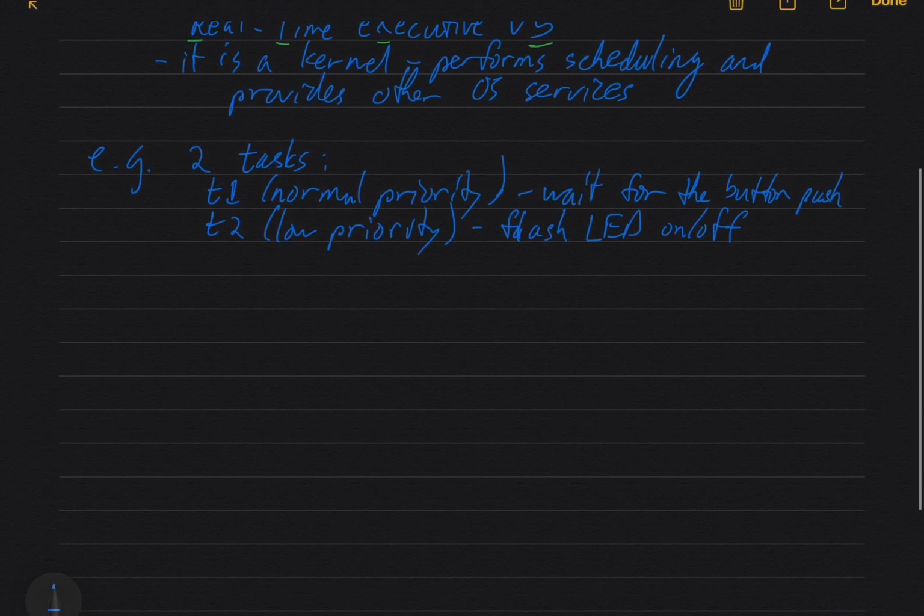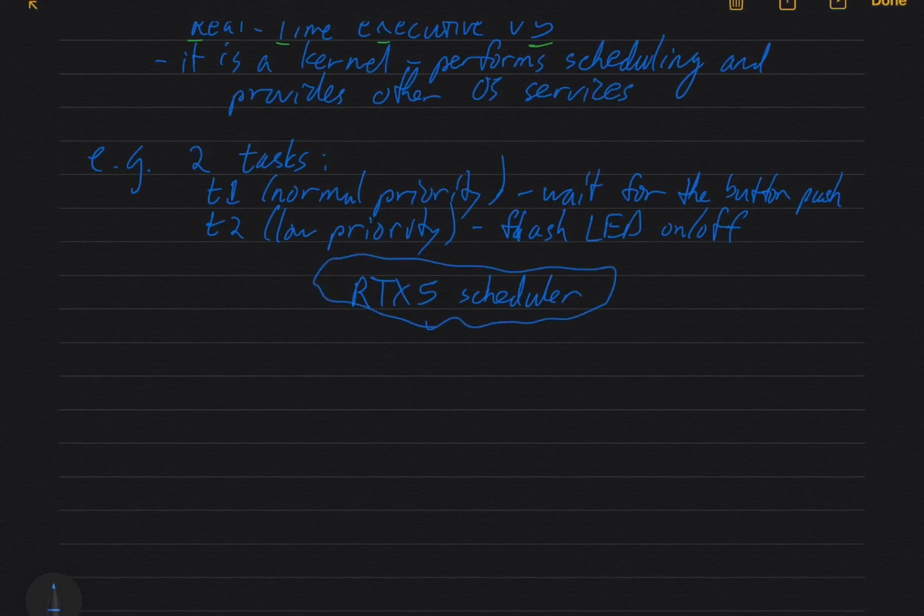So here is our flow diagram now. We've got the RTX 5 scheduler, and it's this kind of thing, and it's going to periodically tell task 1 to run. So task 1 has an entry point, and the first thing task 1 is going to do is wait for, let's say, the button to be pressed.